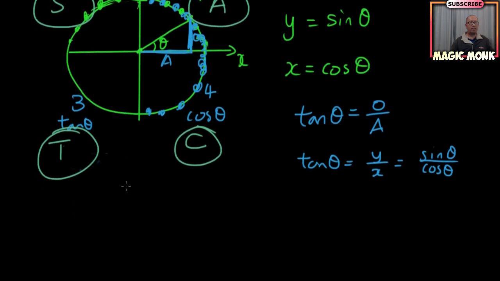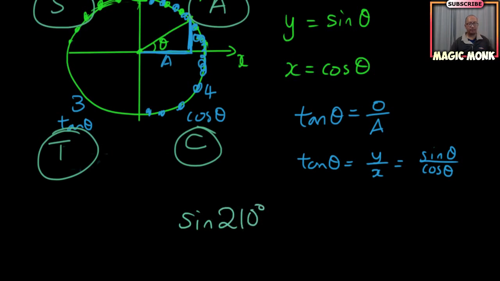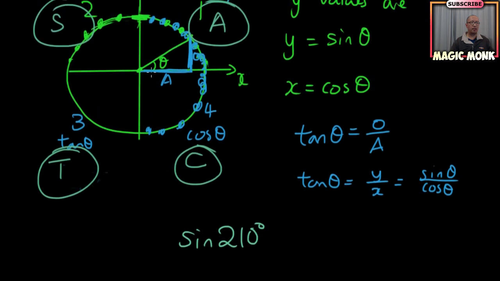So what that means is, if I wanted to know what is sine, let's give you a random angle, let's give you 210 degrees. Sine 210 degrees. If you want to draw the triangle, it's going to be from the positive horizontal axis all the way to 210, because that's 180, so all the way to here, and that is going to be 30 degrees.